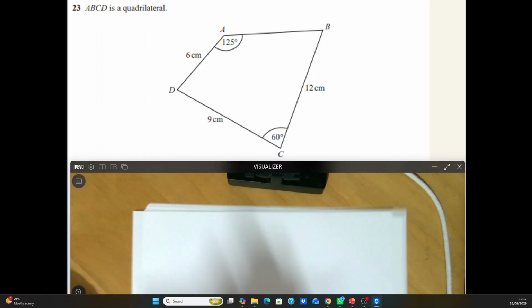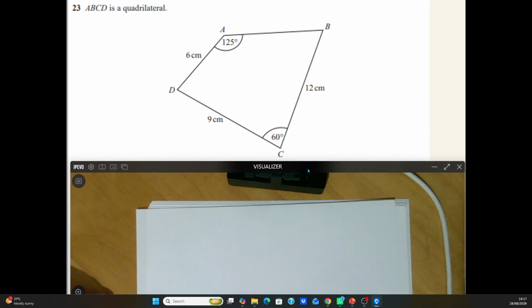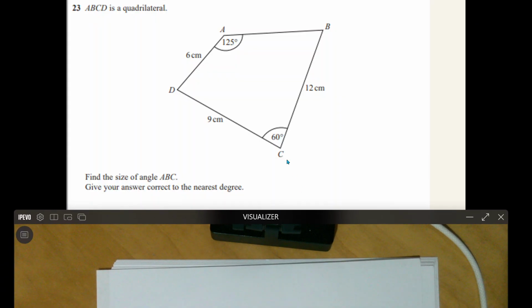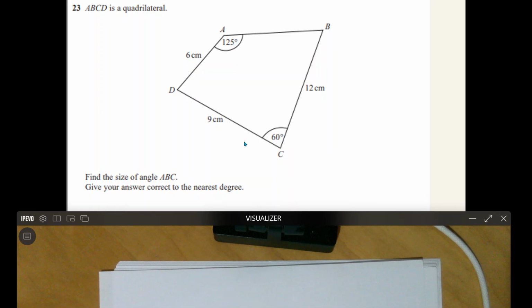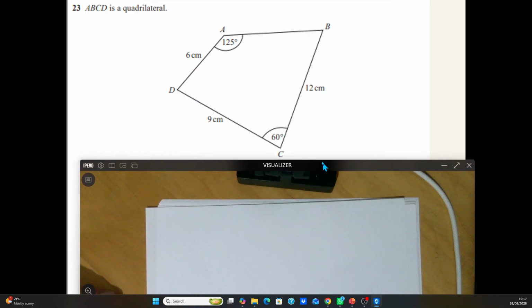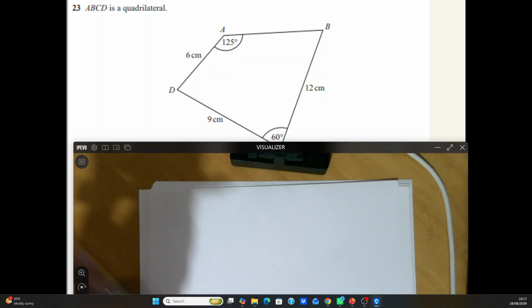Right, now, first thing I know is the question: let's work out the size of angle ABC. I know I can split this into two triangles and I can work out the length DB using the cosine rule. So that is what I'm going to do.